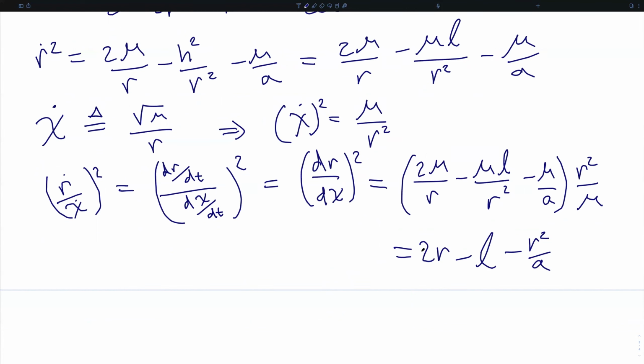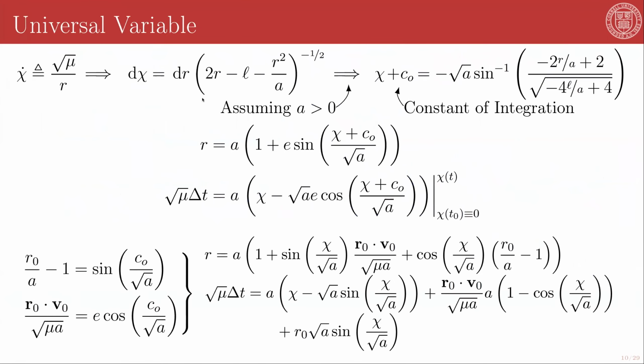Separating out the variables, taking the square root, we find d chi is equal to dr divided by the square root of 2r minus l minus r squared over a.